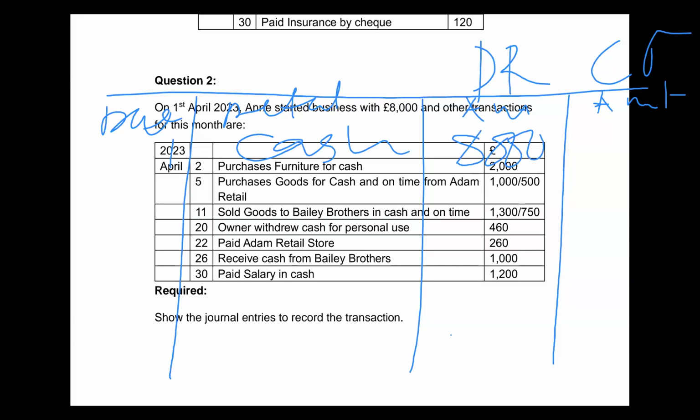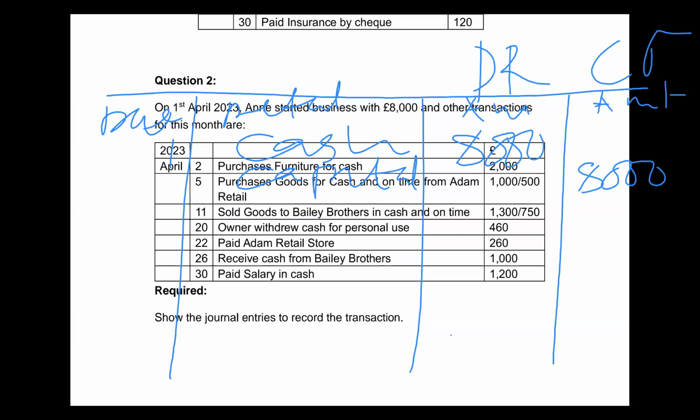The capital account is being credited. The cash account is being debited. That was for the first one. You got it?